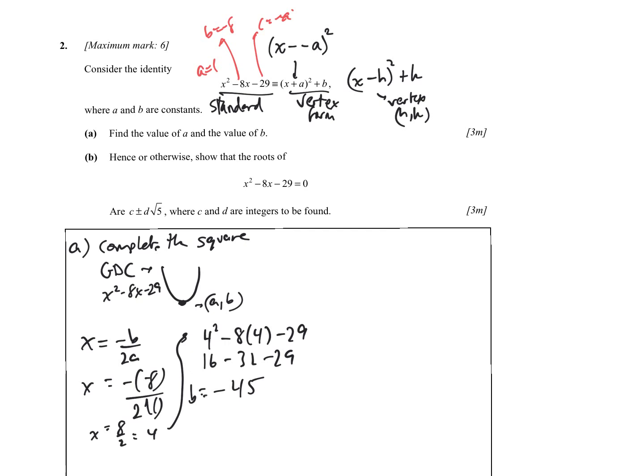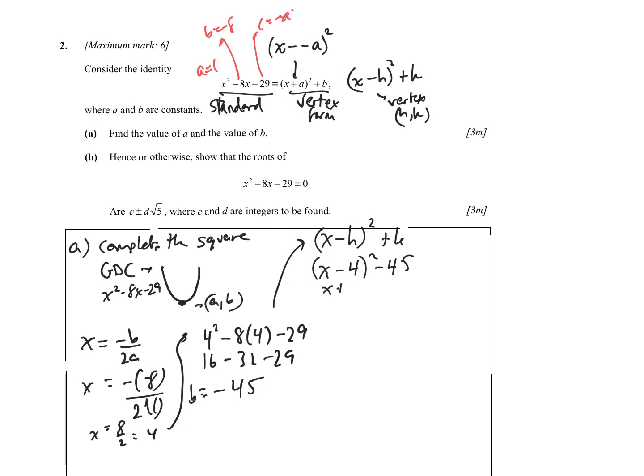If I think carefully now about the way that equation is structured, it's (x plus a) squared. If I was just doing this question with (x minus h) squared plus k, then I would just put the 4 inside the bracket, and the k value would be minus 45. That's what it would look like.